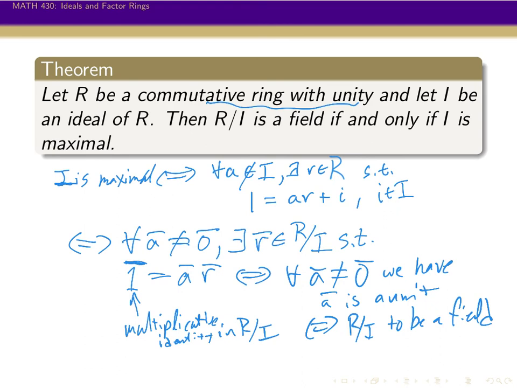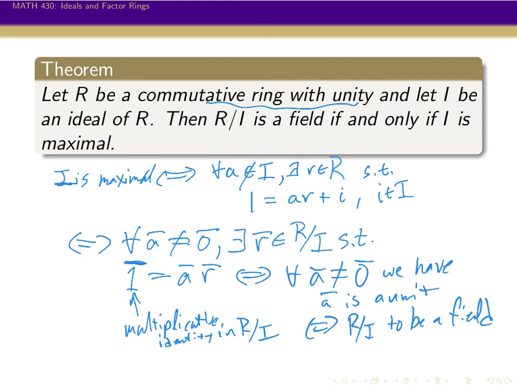And so then this happens if and only if, if a is not in I, that means that a bar is not inside of I, so it's not in the equivalence class of 0, so a bar is not equal to 0 bar. And then r is going to be some equivalence class, so that turns into r bar in R mod I, such that 1 bar equals a bar times r bar.